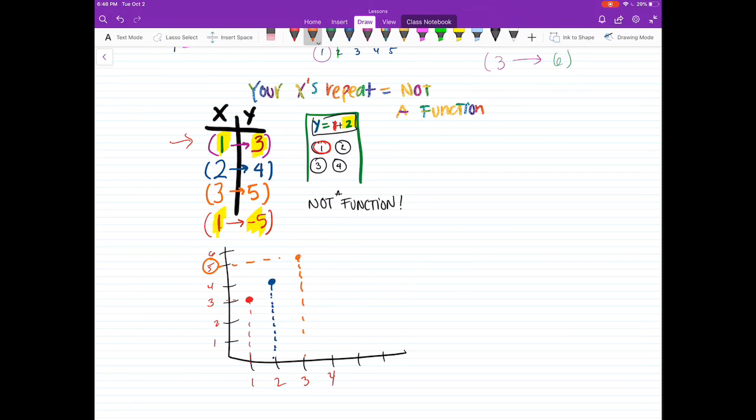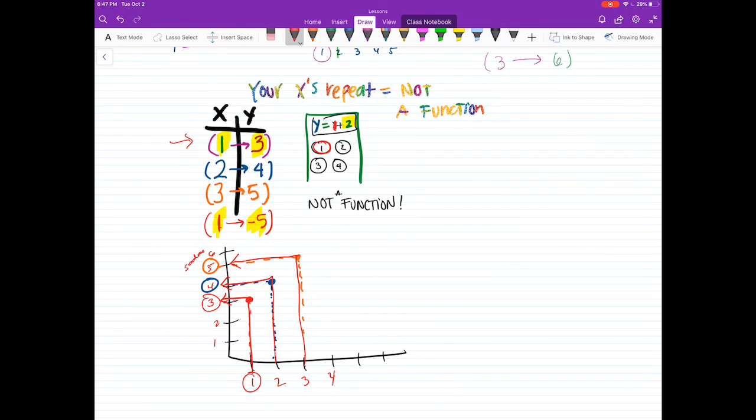Do you see the mapping? So 1 went to 3, 2 went to 4, 3 went to 5. These are like your sodas over here.